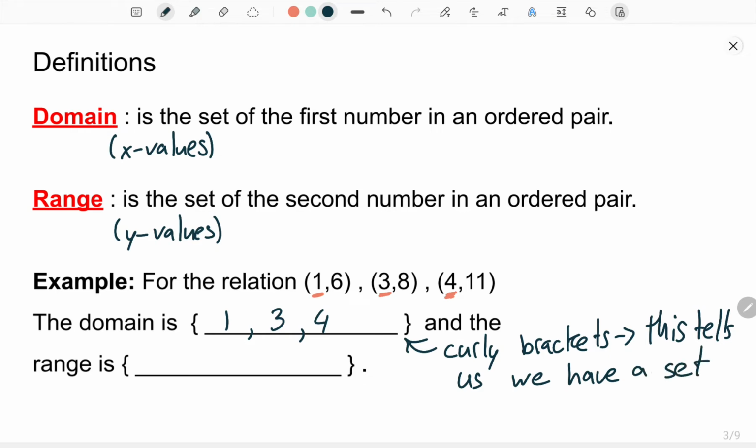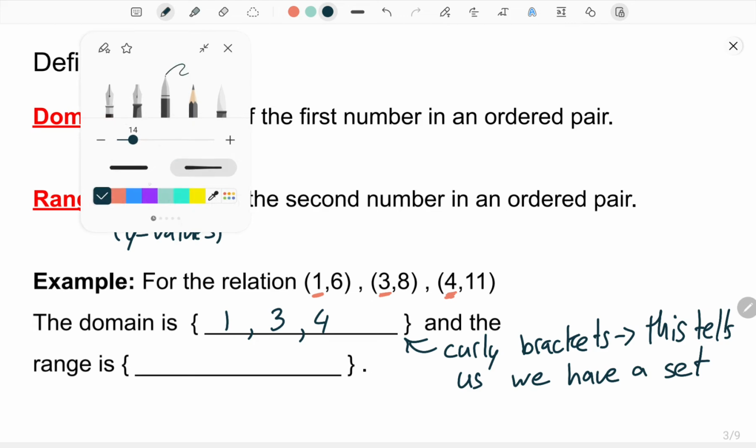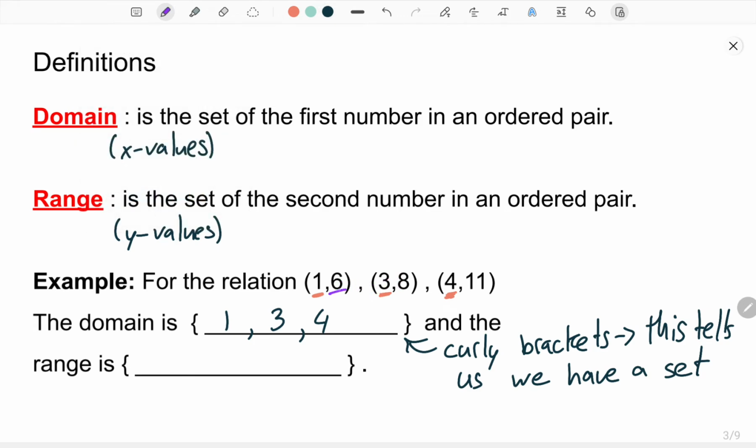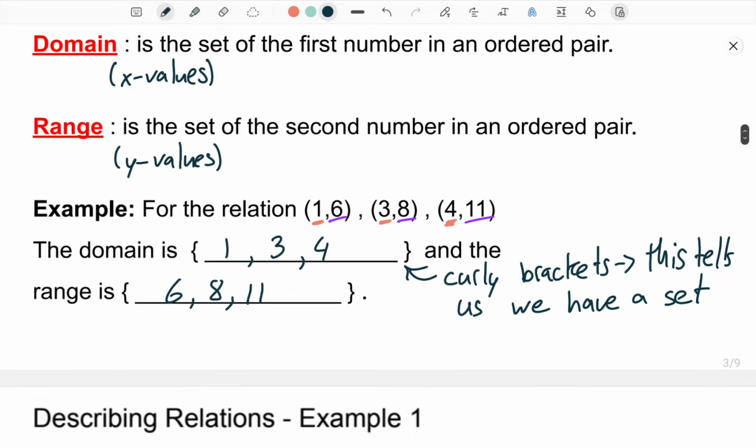All right, and the range, well, if we're looking at the range, we're looking at the numbers 6, 8, and 11. So let's include that into our range. And generally speaking, we'll write things like our domain and range in ascending order. So it's the set of those 3 numbers.